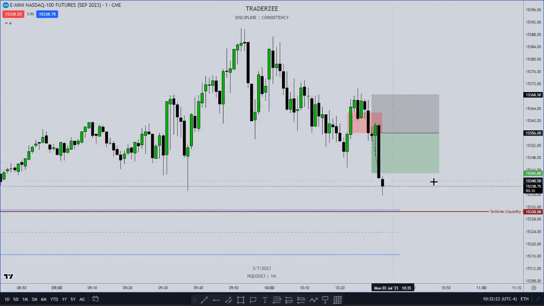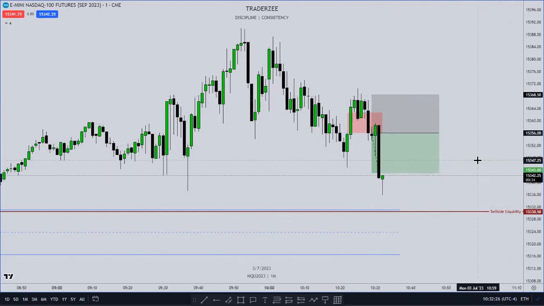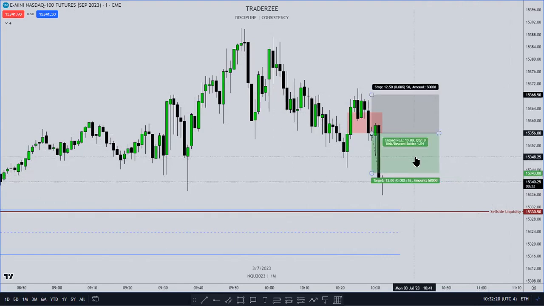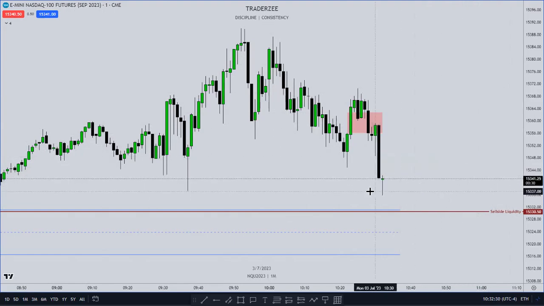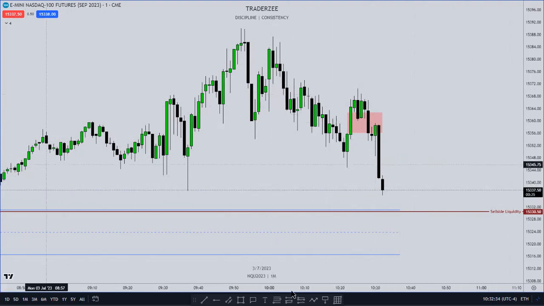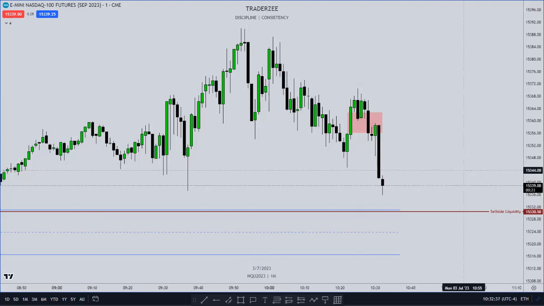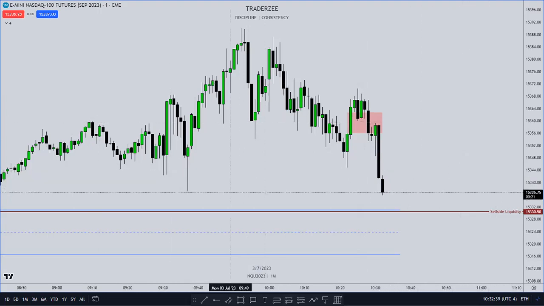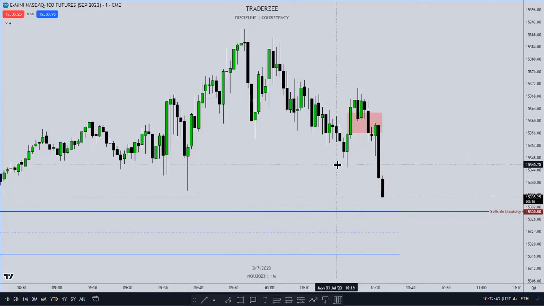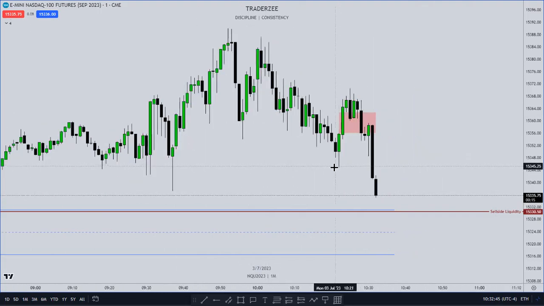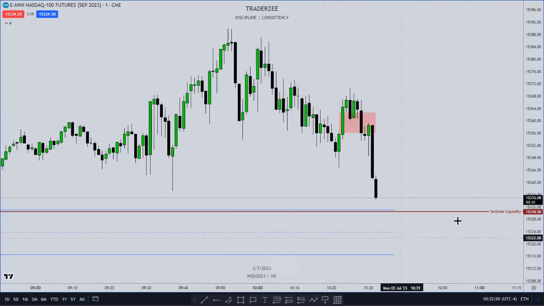How fast and beautiful that is actually looking. But yeah. So yeah, I do think sell side liquidity and the new week opening gap will be delivered. I wanted this for Nasdaq.